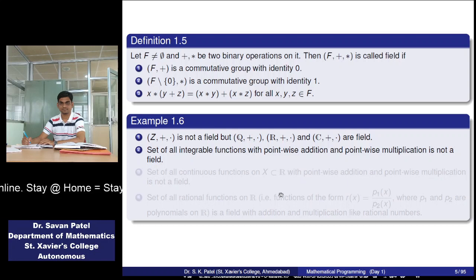Invertible functions, by that I mean functions f so that 1 upon f of x is defined, which means f is not 0 on the given domain, then it is not a field.